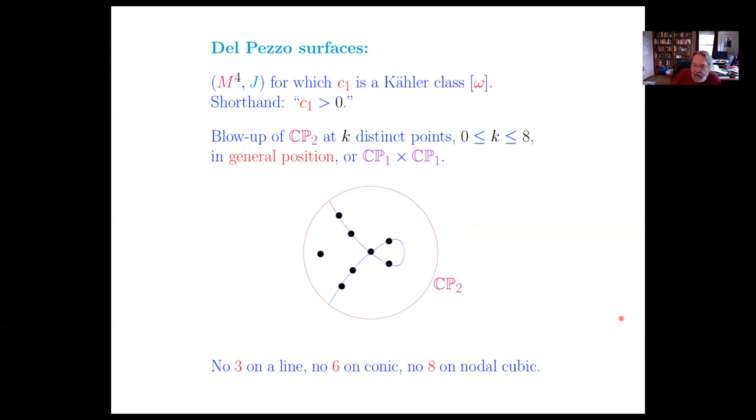These are the obviously necessary conditions. They're necessary in order to avoid having a CP1 of self-intersection -2 or something more negative in there, because then C1 couldn't possibly be represented by a Kähler class, just by adjunction.